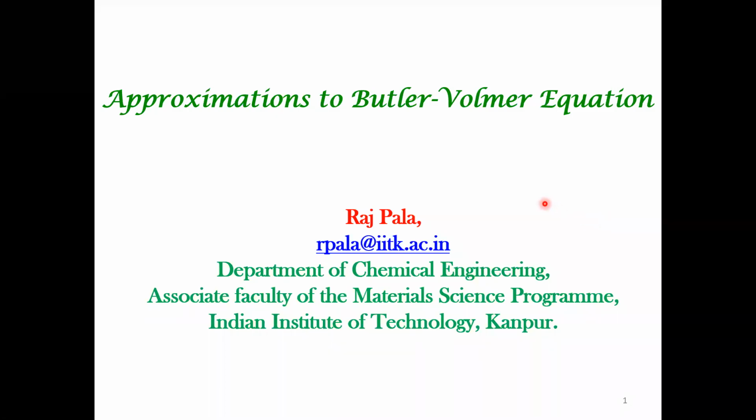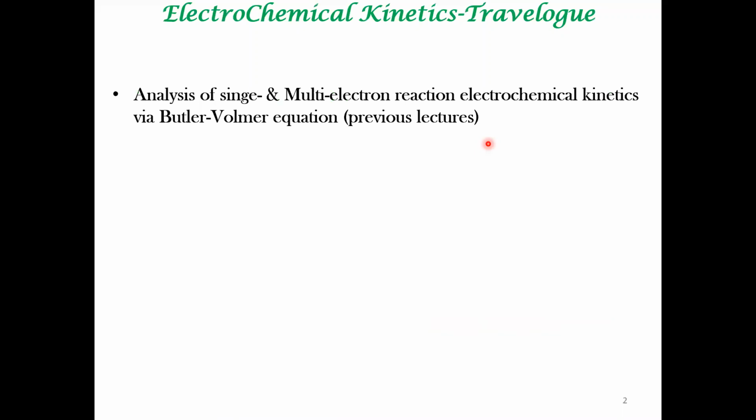Welcome back. In this lecture, we will address certain limiting cases of the Butler-Volmer equation. In the previous lectures, we had analyzed single and multi-electron electrochemical kinetics via the Butler-Volmer equation.